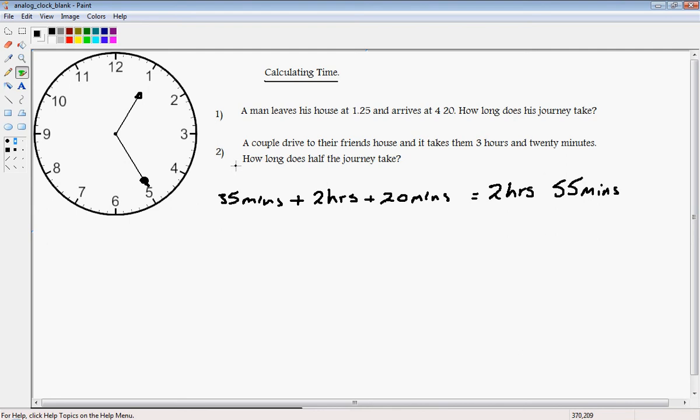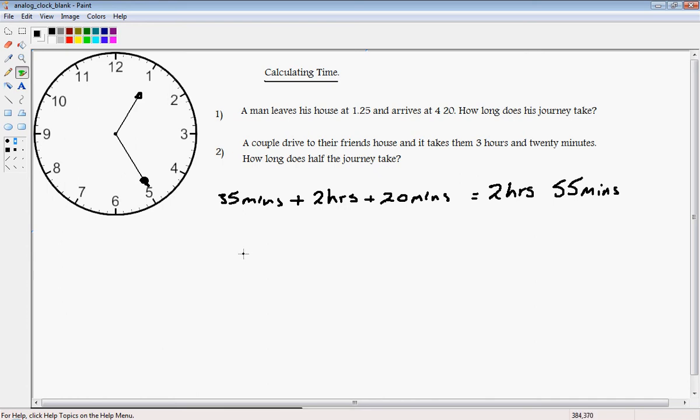Now the second question, and this is the one really that I want to concentrate on, is a couple drive to their friend's house and it takes them 3 hours and 20 minutes. How long does half the journey take? So this would be 3 hours and 20 minutes divided by 2.